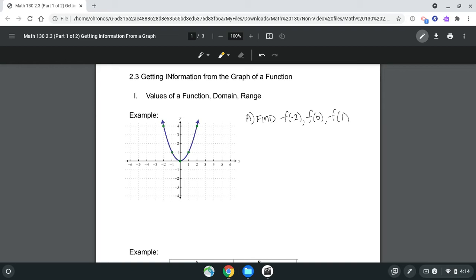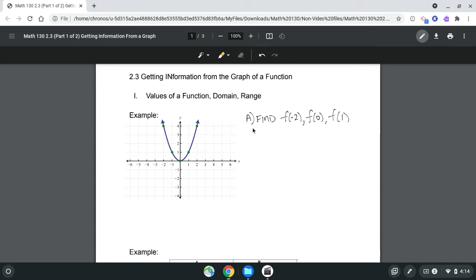And normally you would take those x values, -2, 0, 1, and plug them into a function, work out the calculations, and come out with some y value, right? We don't have a function written out here for us. However, we do have its graph.